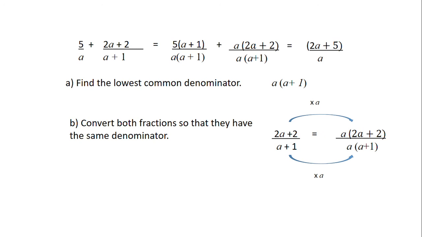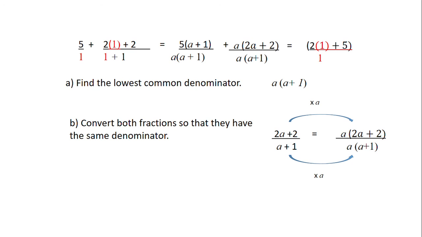Now we can actually check to make sure that we did it correctly. Check to make sure that 5 over a plus 2a plus 2 over a plus 1 does equal this fraction over here, just by substituting. Let's substitute 1 into a.